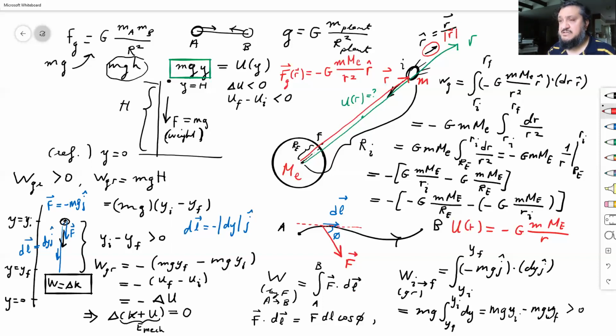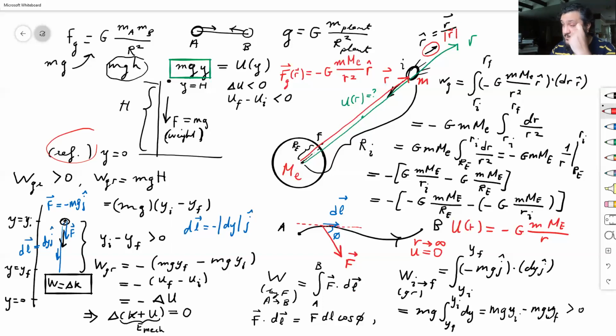Now, just like you could take y to be equal to 0, that would be our reference point. Let's take our reference to be infinity. So when r is infinity, because of the 1 over r dependence, you will have 0. U will be equal to 0.